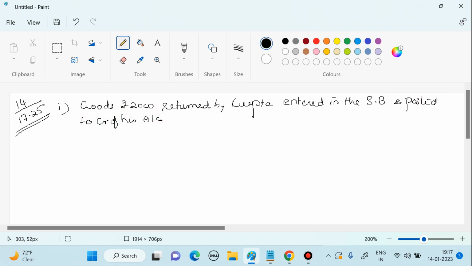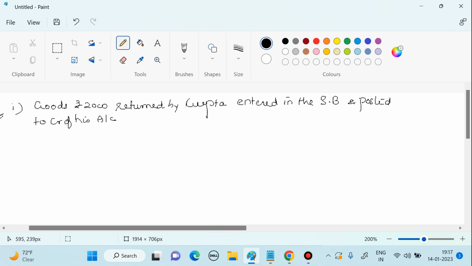So when there is a sales return, we pass the entry of sales return account debit to Gupta account. Correct? So what's the correct entry? Sales return account debit to Gupta account. So Gupta account is supposed to be credited. What happened here? Sales return should have been debited.